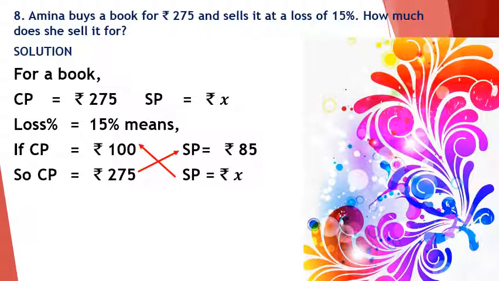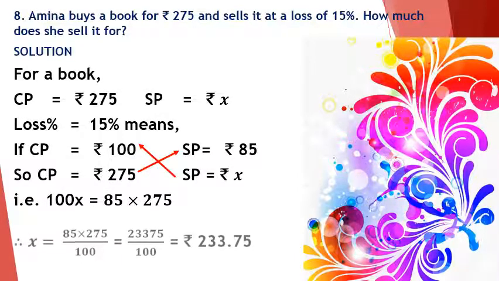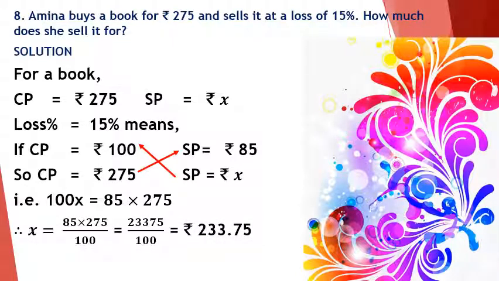Now we can come to our question. So CP equals rupees 275, SP equals rupees X. Now you can do the cross multiplication. So we get 100 into X equals 85 into 275, or X equals 85 into 275 divided by 100. Multiplying the numerator, we get 23,375 whole divided by 100.